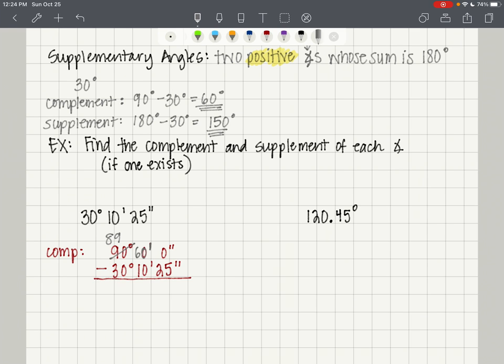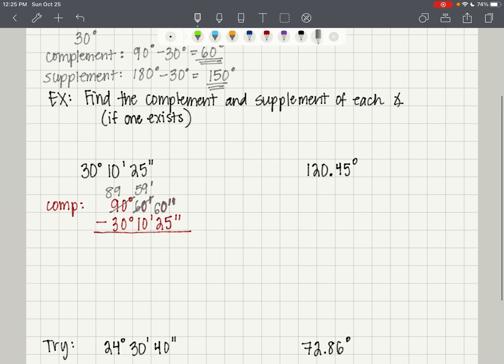Now I need to borrow a minute to get seconds. So I'm going to borrow from the 60 minutes that I have. I'm going to take a minute away, and I'm going to make it 60 seconds. Pretty cool. Okay, so we borrow a degree to give us 60 minutes. We borrow a minute to give us 60 seconds.